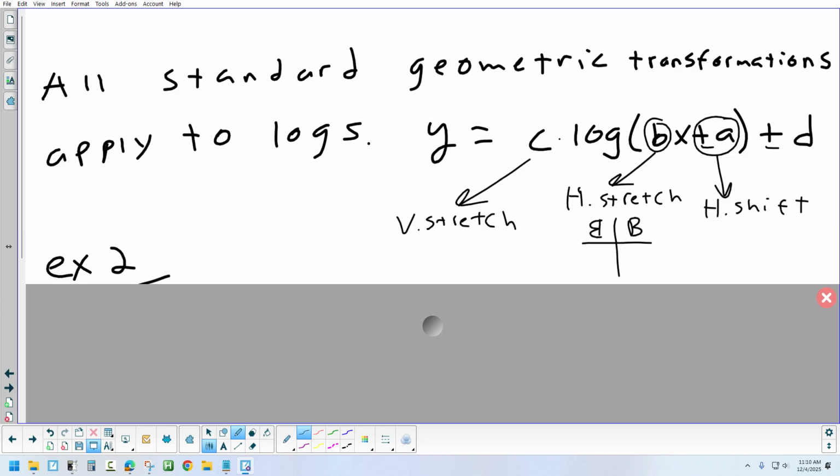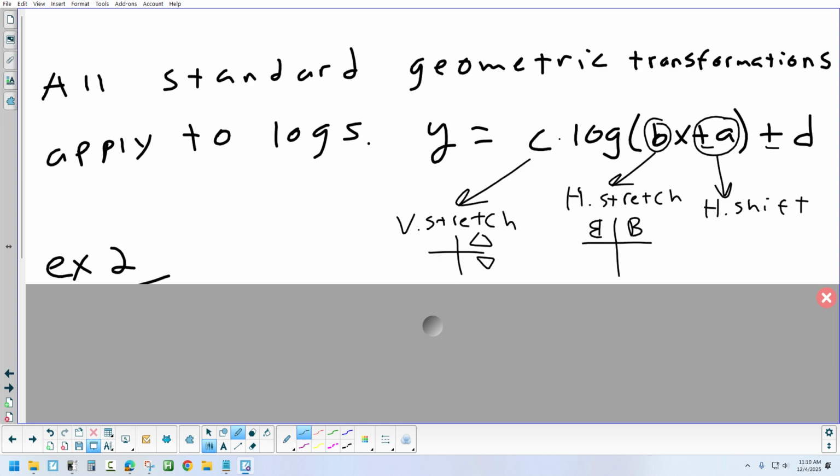If C is 1/3, it's a vertical stretch by 1/3. It's not backwards. What about if C was negative? Reflection over the x-axis. If C is negative, that's a vertical reflection, which means you'd have something like this. It flips up and down. That's over the x-axis.